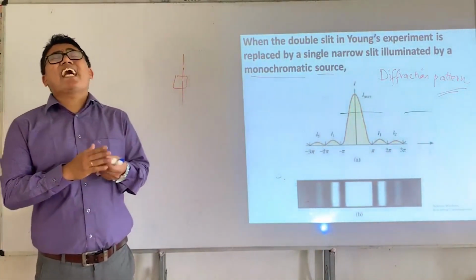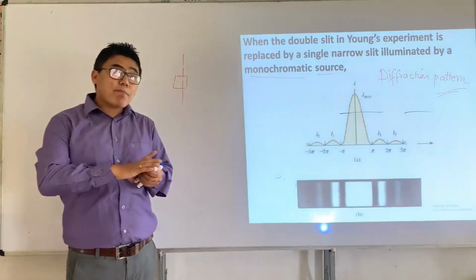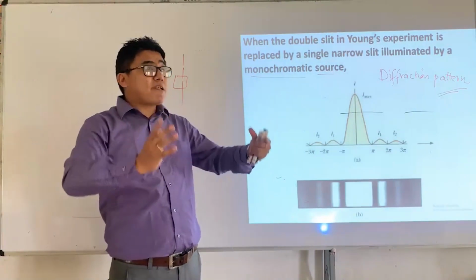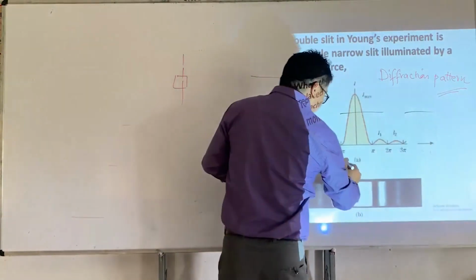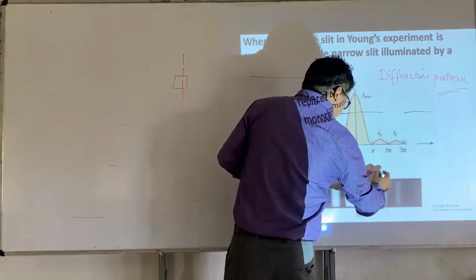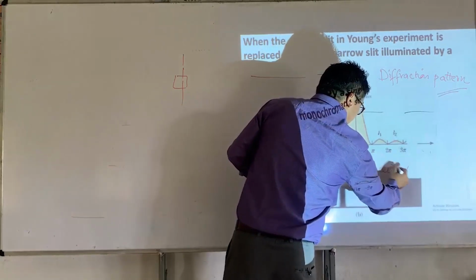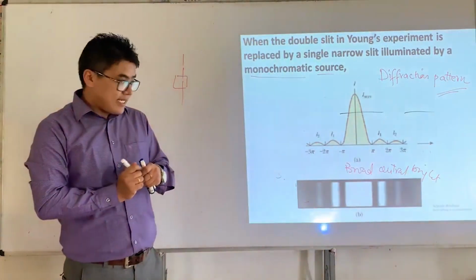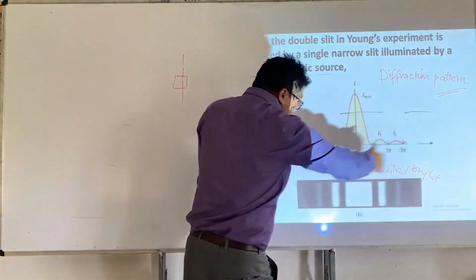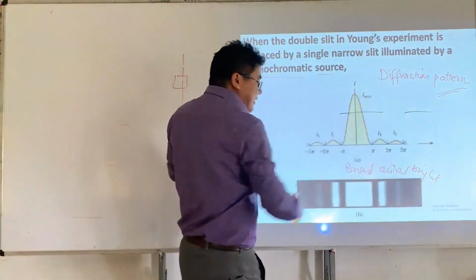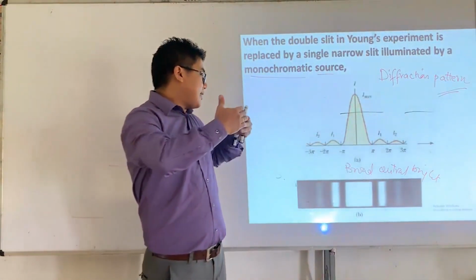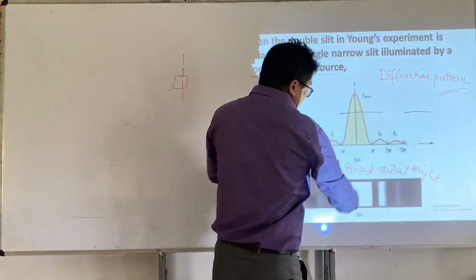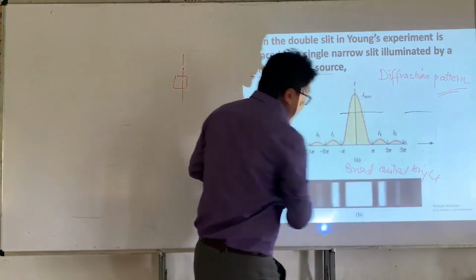What exactly is that diffraction pattern? It is the pattern where you get a broad central bright fringe. Then as you go up or to either side, you see the maxima, or the brightness, going on decreasing as you go away from the central bright.